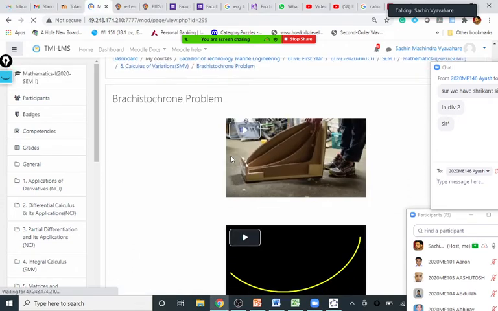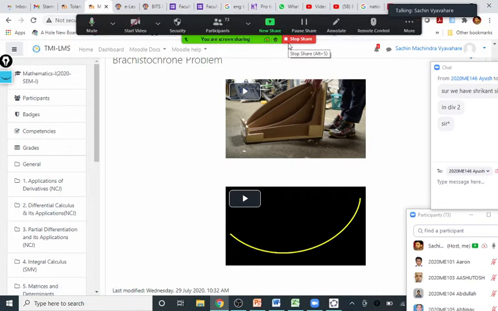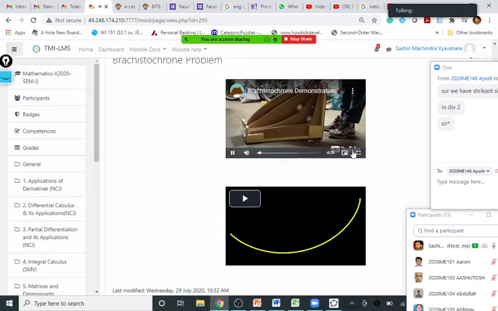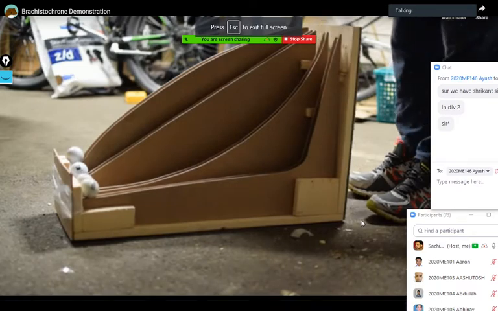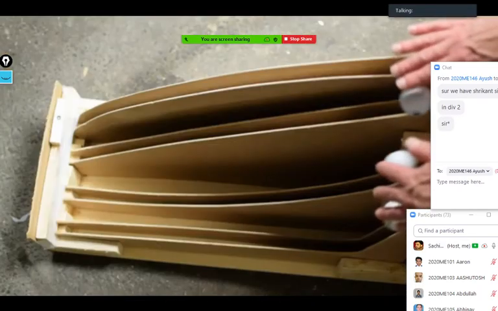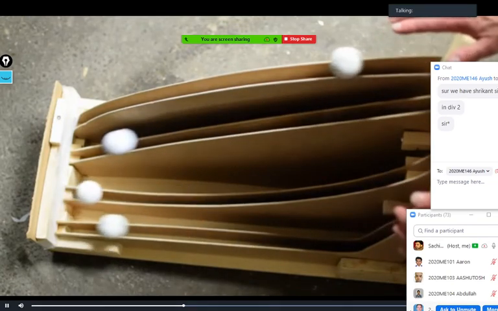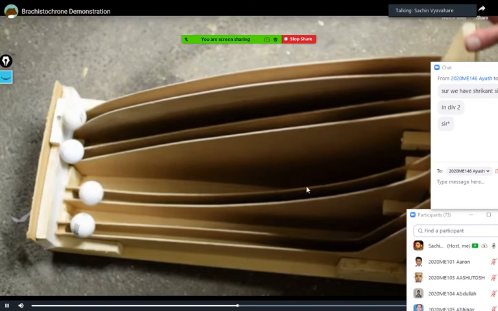You can see this small video. Whatever this third curve is, this is the shape of the cycloid. There is a parabola, there is a straight line.